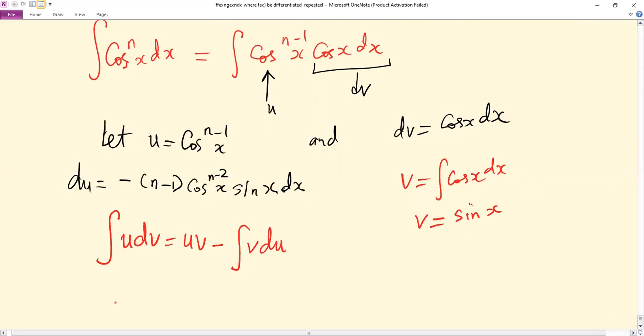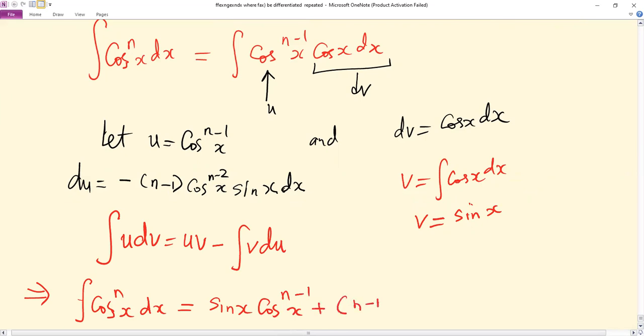So in our case, the integral of cos power n of x dx will be uv. This is v, this is u, so we have sine of x times cos power n minus 1 of x minus the integral of v du. But there is a negative in du, so we have plus, and n minus 1 is a constant, so I factor it out.